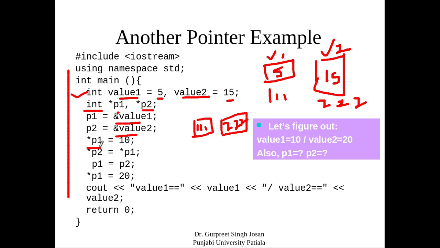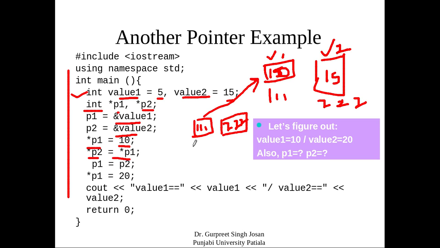Now *p1 is equal to 10. This means *p1 is the location that is pointed to by p1. So p1 is pointing to 111, and *p1 equal to 10 means this value is now overwritten by the value 10. Similarly, *p2 is equal to *p1.